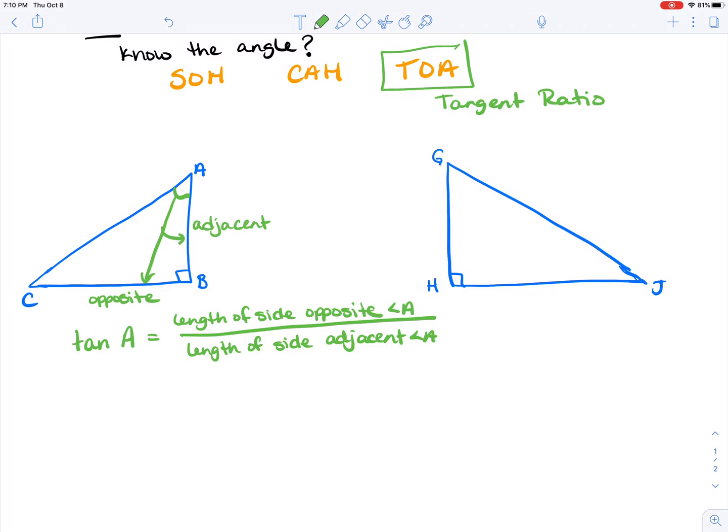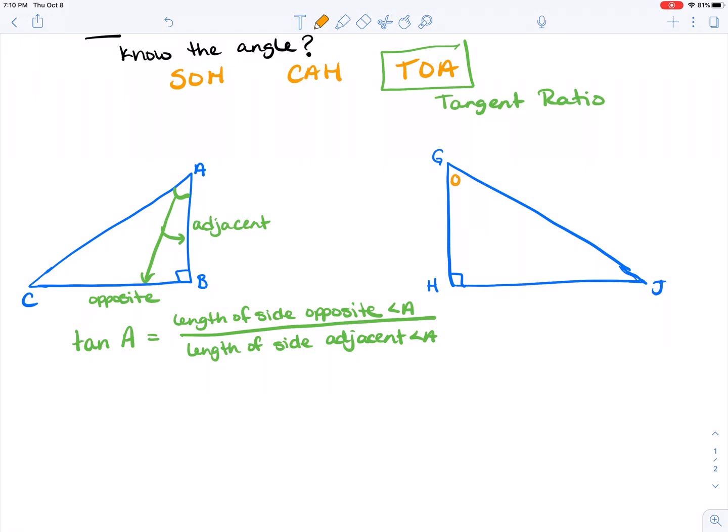Now, commonly we use uppercase letters for the vertices, as you see with A, B, and C, and in my other triangle, G, H, and J. Usually we use Greek letters for the angles themselves.